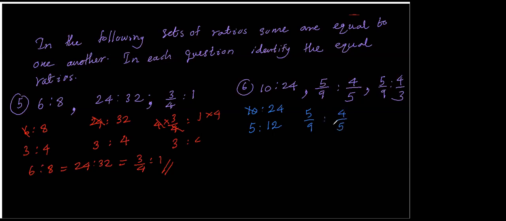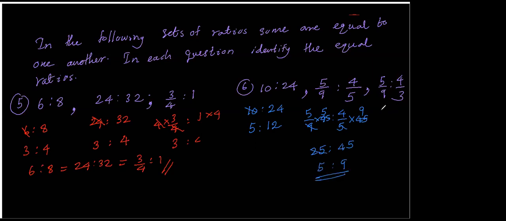Then multiply this whole expression by 45. The number which is divisible by 5 as well as 9 is 45. Then look at how many 9s here, 5. How many 5s here, 9. 5 times 5, 25. 4 times 9, 45. Then 5 to 9.